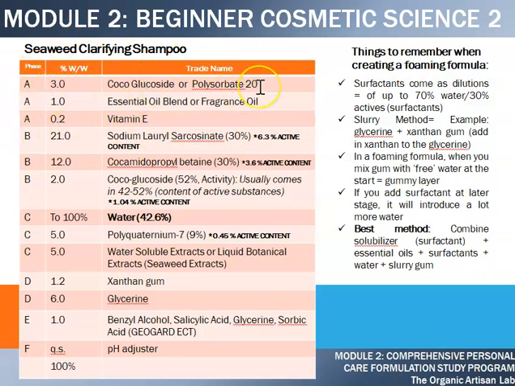We've got the polysorbate 20 combined together with the essential oil or fragrance oil blend and vitamin E. Then combined solubilizer plus essential oils plus surfactants will be on phase B, plus phase C, which is the water part, and then we will combine phase D, which is our slurry gum. So that's how we're going to create this seaweed clarifying shampoo.